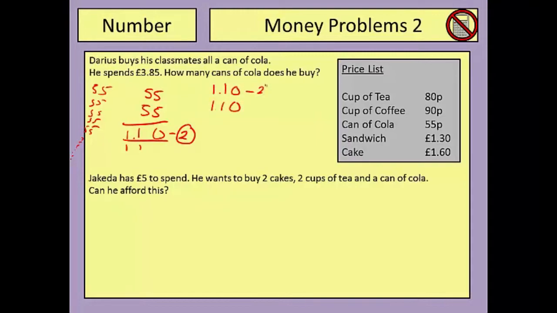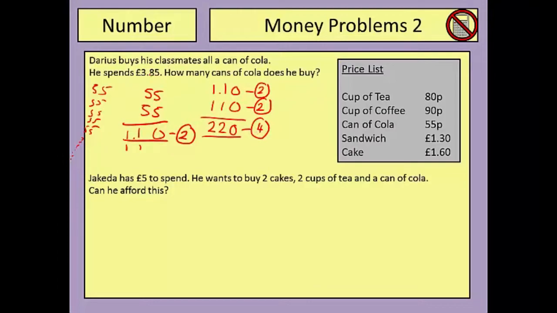As long as I remember that £1.10 represents two cans, if I add this together, 0 add 0 is 0, 1 add 1 is 2, and 1 add 1 is 2. £2.20 or 220 pence is the cost of 2 add 2, 4 cans. So I know that he definitely bought more than 4 at this point.